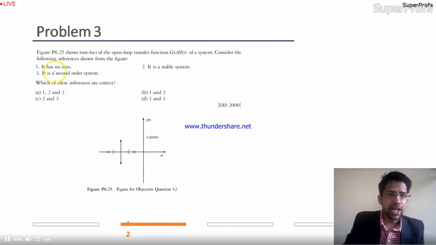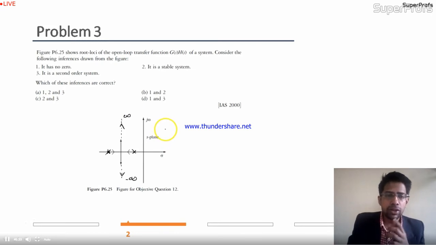So it has no zero is the first statement. There are 2 poles as we see, and there are no other poles. And this is the root loci traveling towards infinity, towards negative infinity and positive infinity.